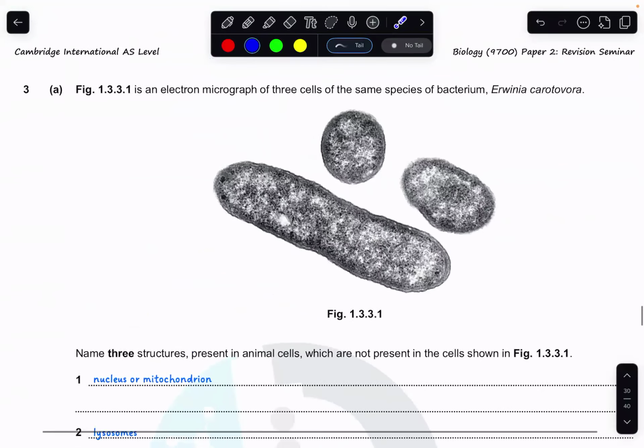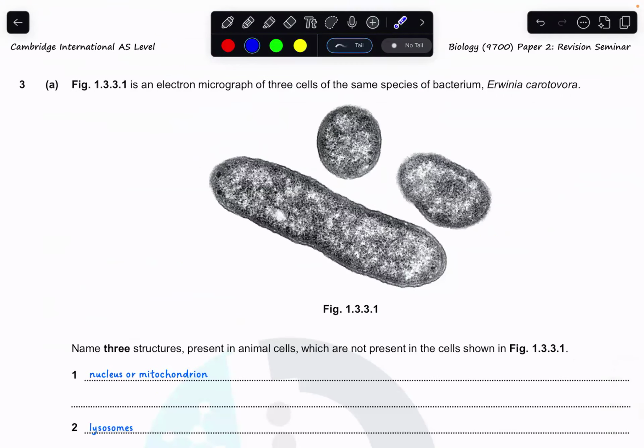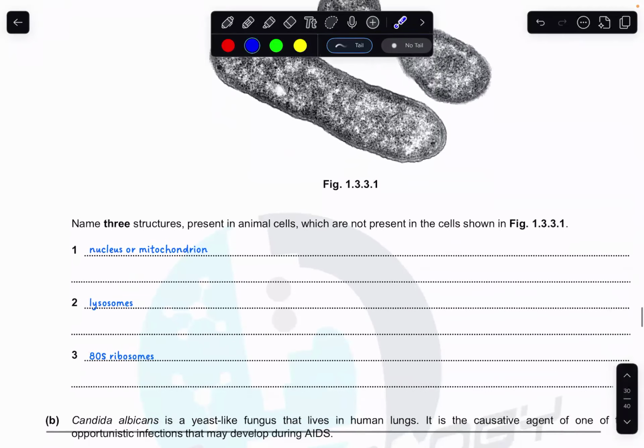Question 3. Name 3 structures present in animal cells which are not present in the cell shown, because this is a bacterium, Erwinia keratovorans, the bacteria that infect carrots. So, present in animal cells but absent in the prokaryotic cell: nucleus or mitochondria, but not chloroplast.